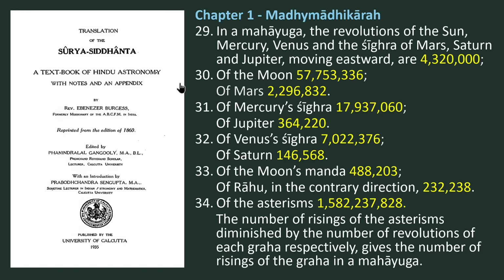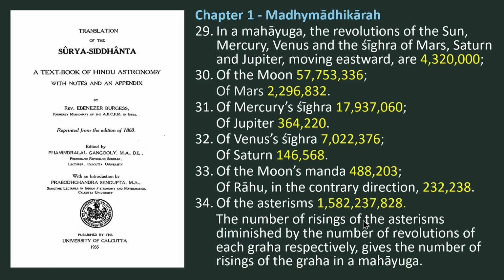Why is the shloka saying that the asterisms are rotating so many times? Revolutions of the asterisms is such a large value. To understand that, we should not read this as revolutions of the asterism. Instead, we should read it as the number of risings of the asterisms in a Mahayuga being this big value.